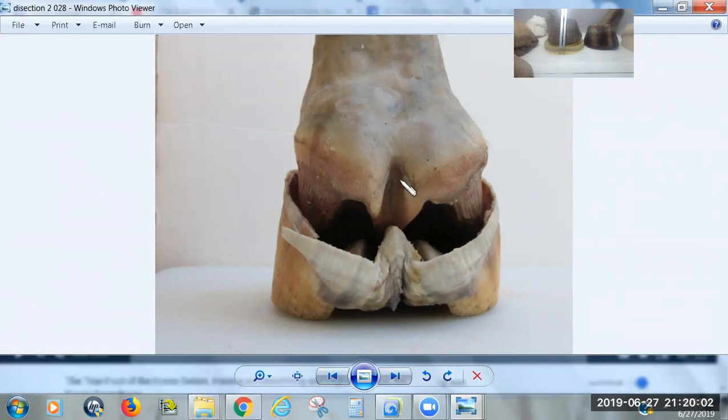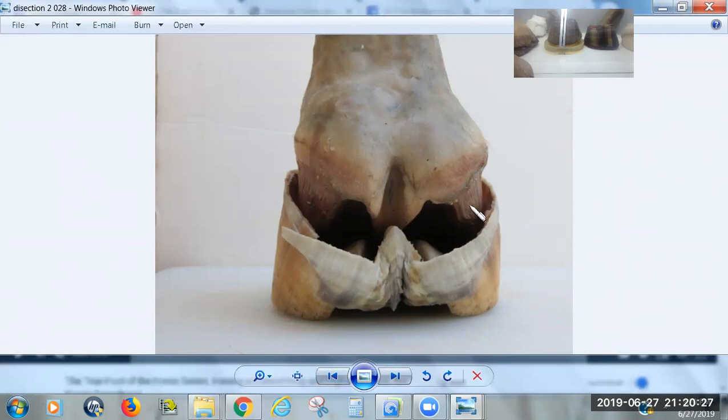Just like a callus can crack and get up in your flesh, same thing with the frog. So part of a frog being healthy and not having thrush is that you have a thick, healthy frog, and you also keep it growing. It's got room to grow.